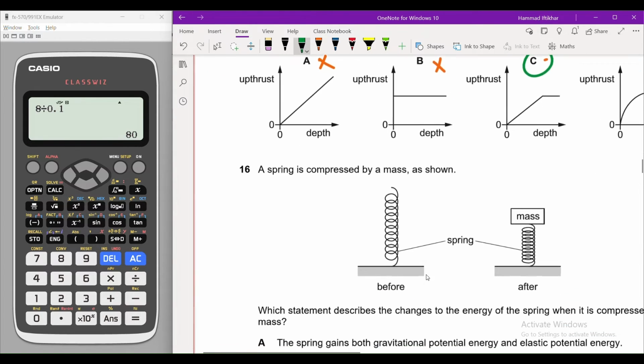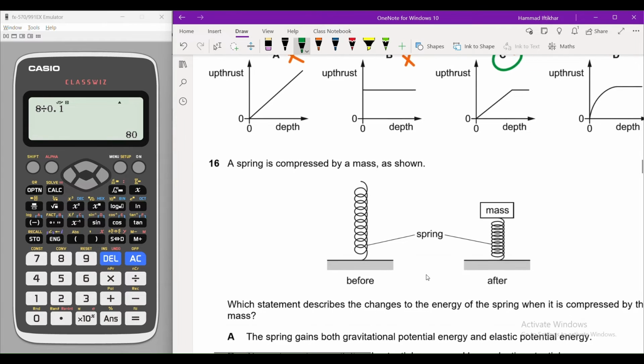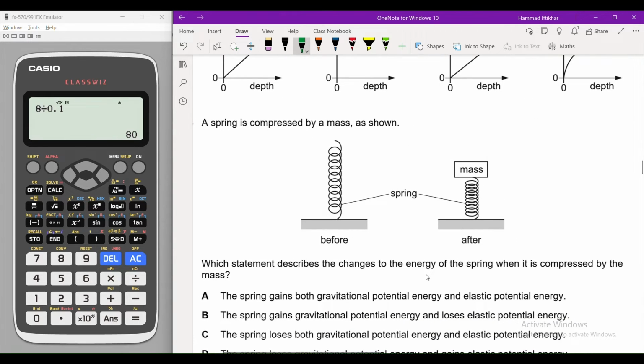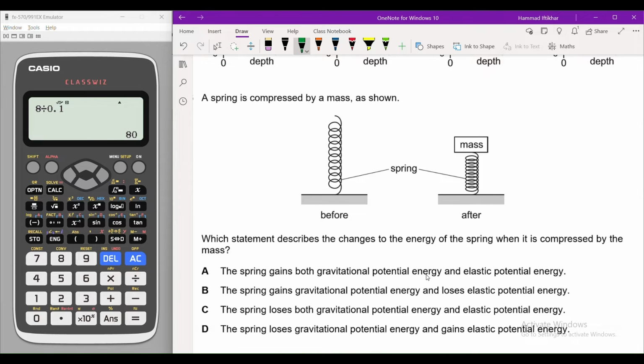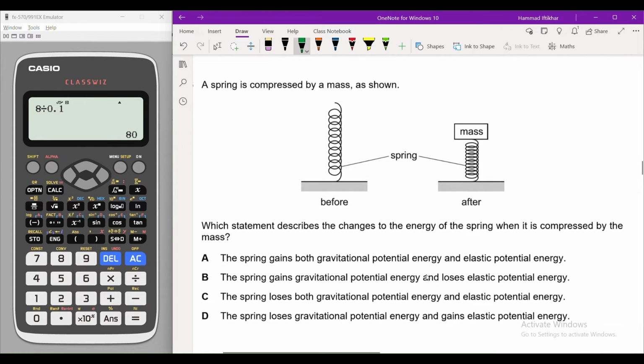Okay, a spring is compressed by a mass as shown. Which statement describes the changes to the energy of a spring when it is compressed by the mass? The spring gains both gravitational potential energy and elastic potential energy. The spring gains gravitational potential energy and loses elastic potential energy. It gains elastic potential energy.